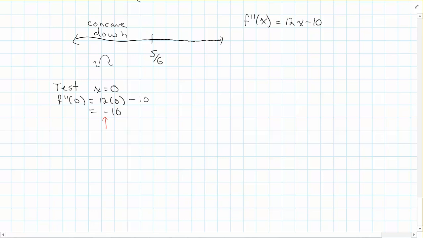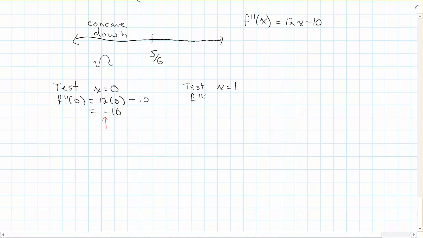The issue is you don't know for certain that it looks exactly like that shape, because remember there were 3 shapes that we had drawn for concave down. But this is really just to help keep our thoughts straight. It's not really an answer here. Alright, so then of course the other interval we have to test, I think an obvious number to test here would be x equals 1.